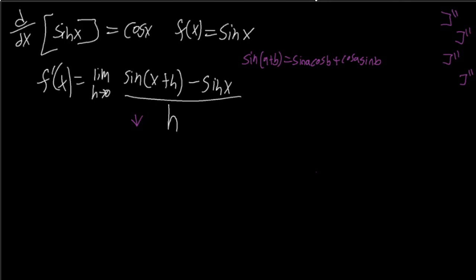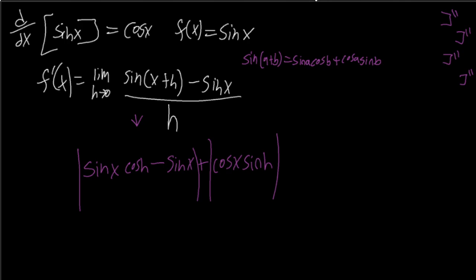So sine x cosine h minus sine x plus cosine x multiplied by sine h. This looks much easier because we're going to split it in the middle basically. We're just going to try and isolate these right here. Notice how I left out the plus sign? That's because we're trying to isolate this and this.